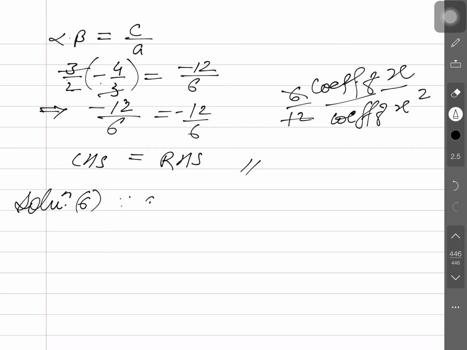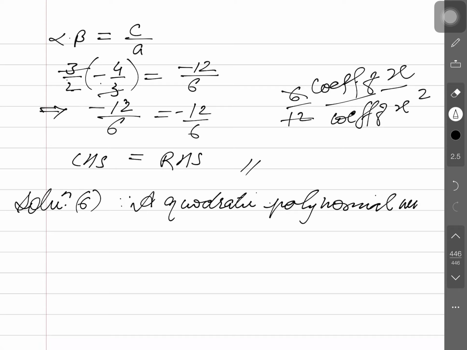Since a quadratic polynomial with alpha and beta as zeros is, what is that?